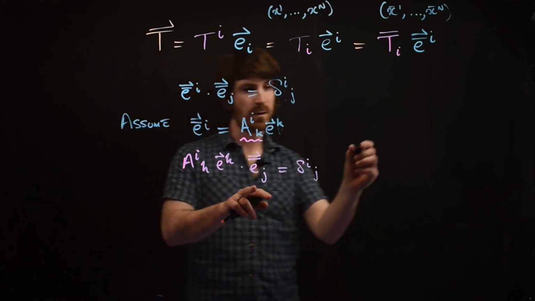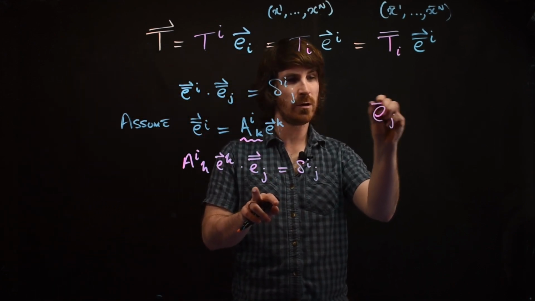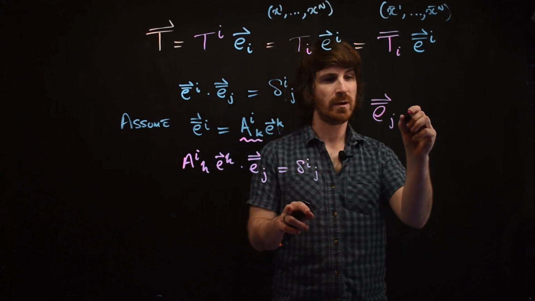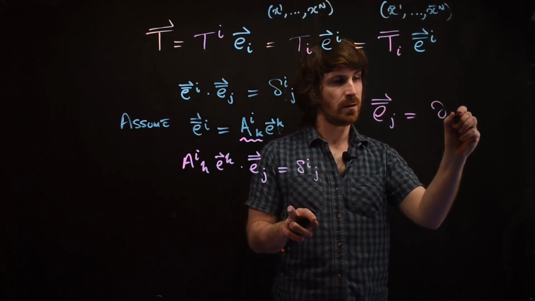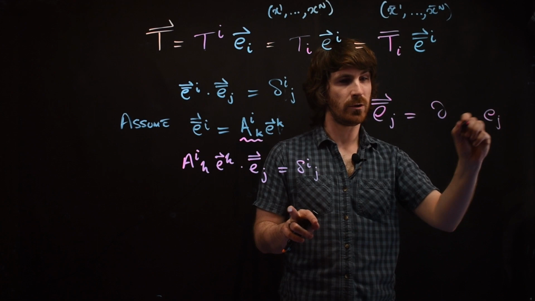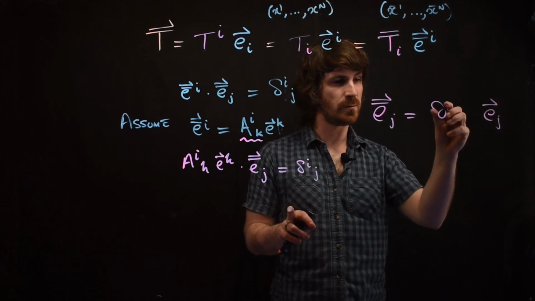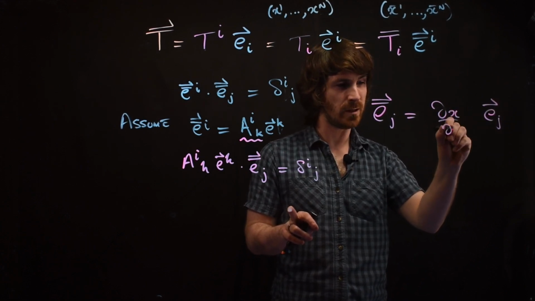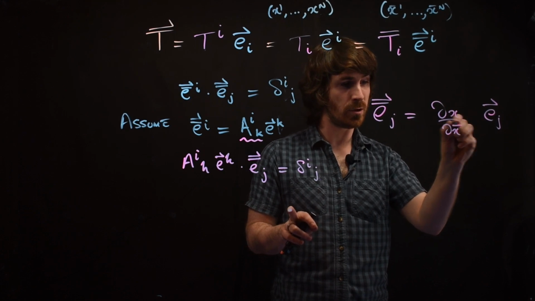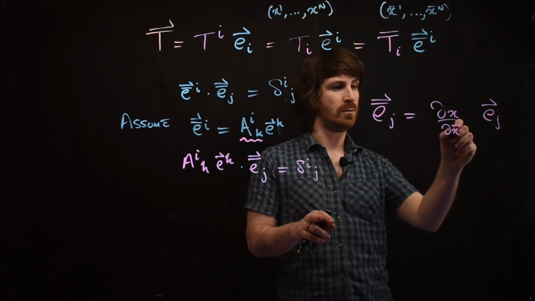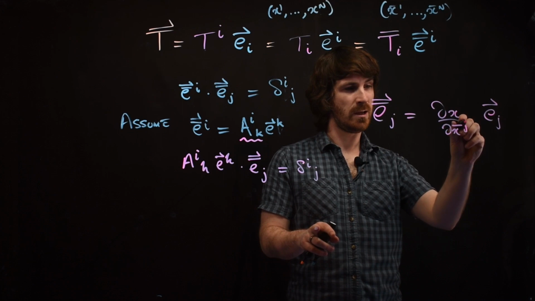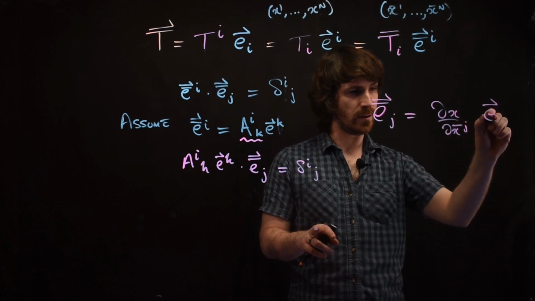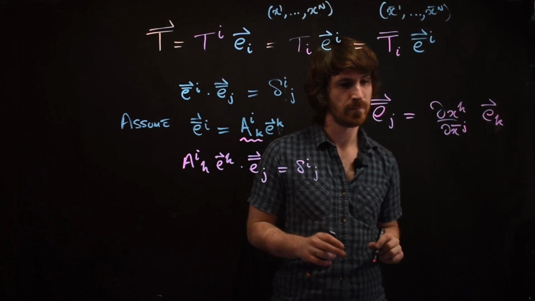And we know what e_j bar is in terms of e_j. It's given by e_j without a bar and some Jacobian matrix element, dx by dx bar, where the bar is on the bottom here. Forgive me, I need a different index here, k.